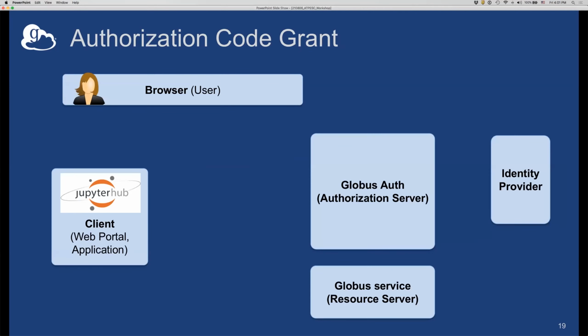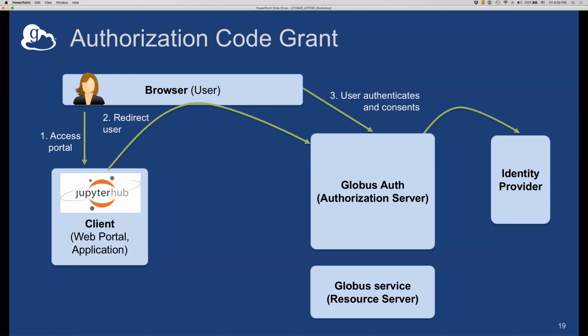So the way that works is, in one example, and I'll actually show you this in Jupyter Hub in just a second, if I have a Jupyter Hub acting as a client, I want to access a notebook. I go and try to access that. I get redirected via the browser to Globus Auth, and from there Globus Auth sends me out to the identity provider.